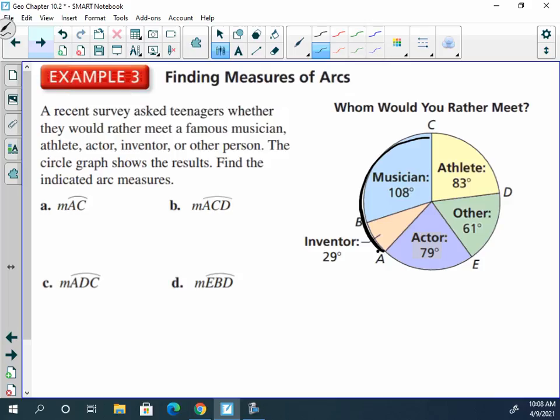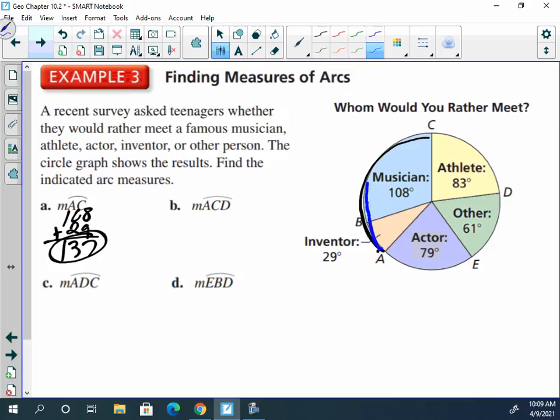So what would we do to find that? So we do 108 plus 29. 137 degrees. Well, how about ACD?